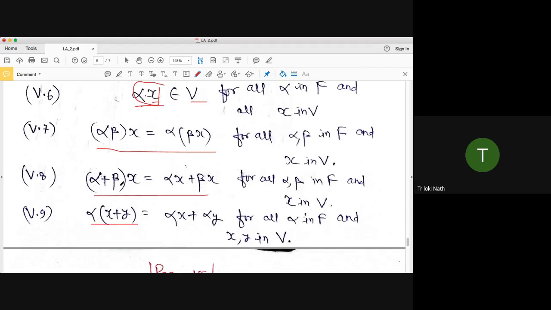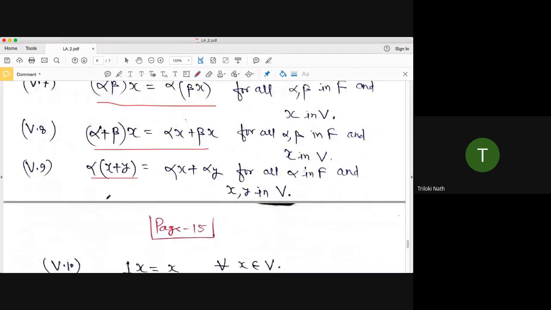If alpha and beta are scalars, then alpha plus beta times x is alpha x plus beta x. Similarly, alpha times x plus y is alpha x plus alpha y. Here scalar multiplication distributes over vector addition, and here the scalar addition distributes over scalar multiplication.